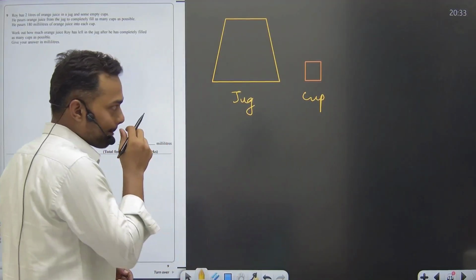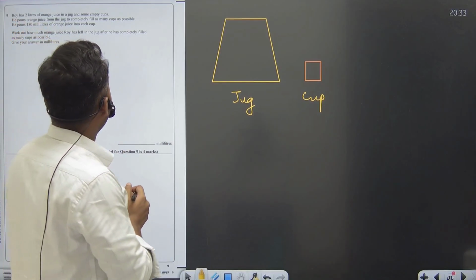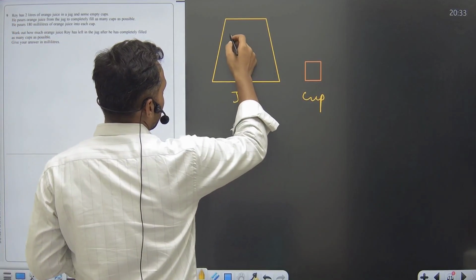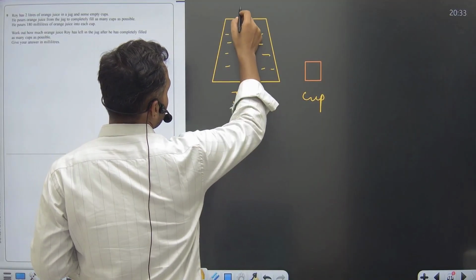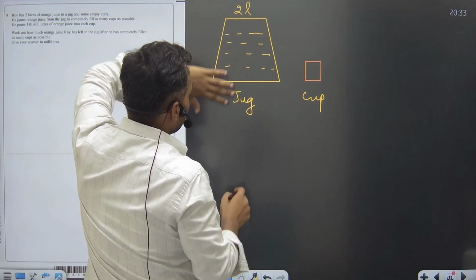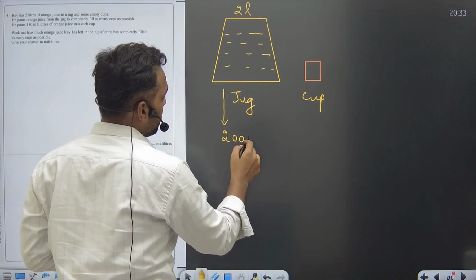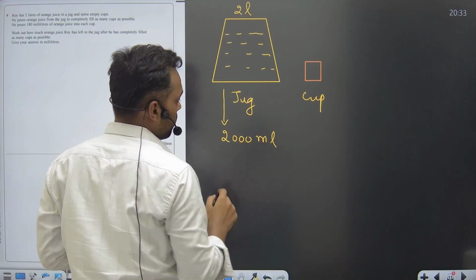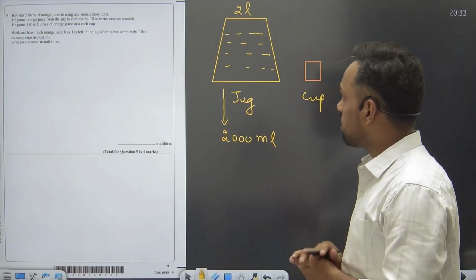Now Roy has 2 liters of orange juice in a jug, as already mentioned. This orange juice is in the jug, 2 liters. So if I write this in milliliters, it will be 2000 milliliters. Why is this so? Because 1 liter contains 1000 ml. So 2 liters will be 2000 ml.